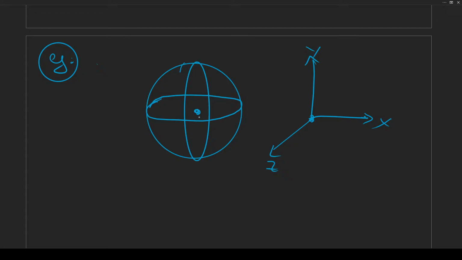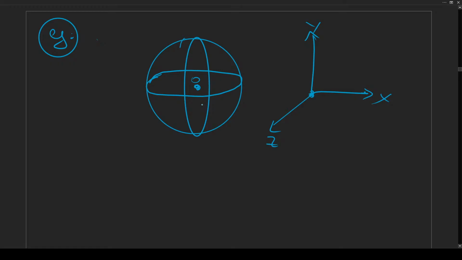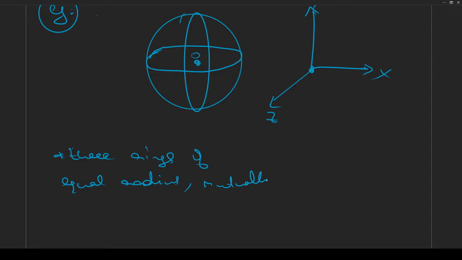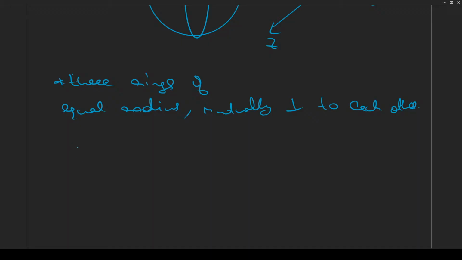Now they're asking, this is the center O. They're saying three rings of equal radius, mutually perpendicular to each other. Then B center equal to how much?